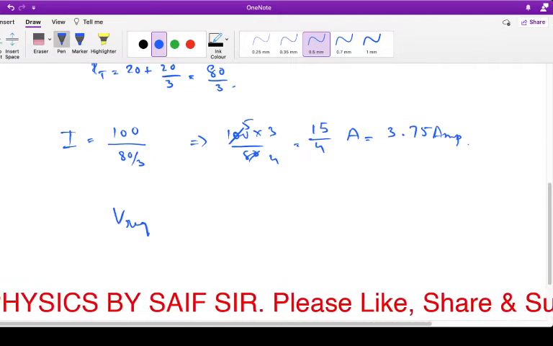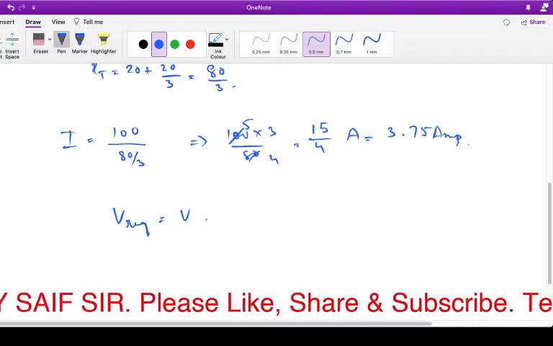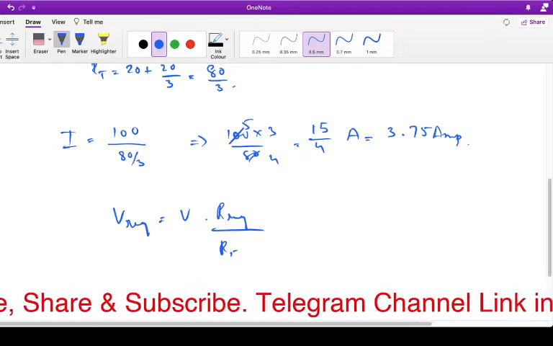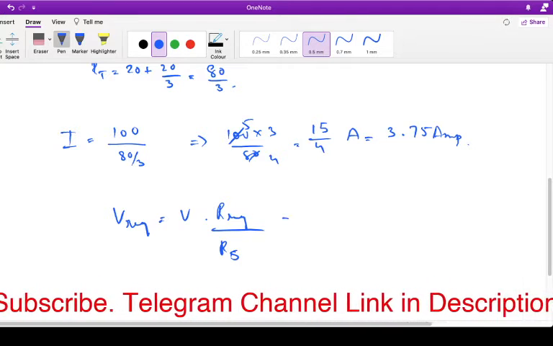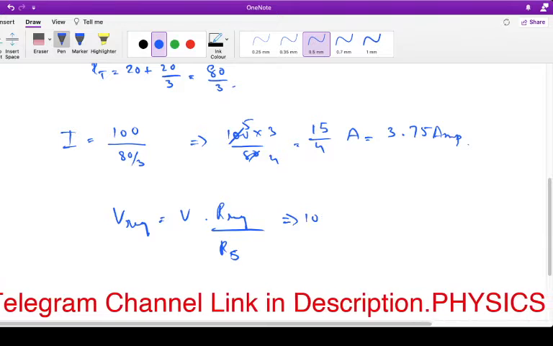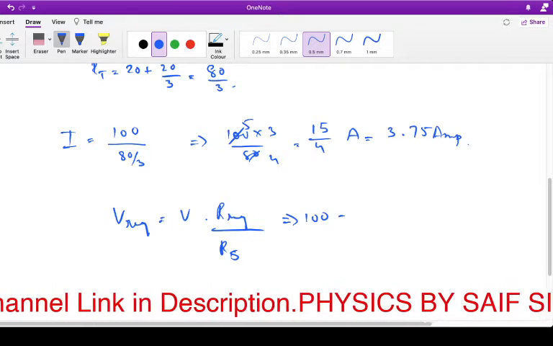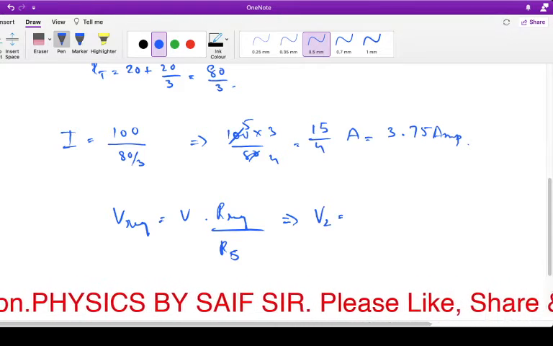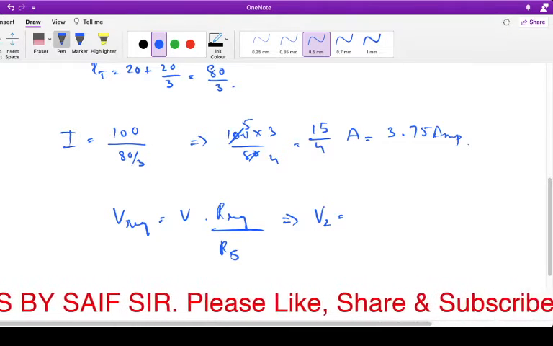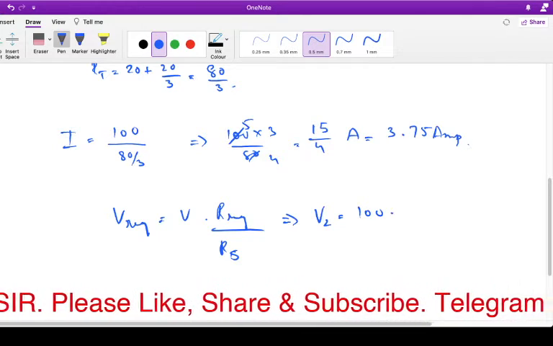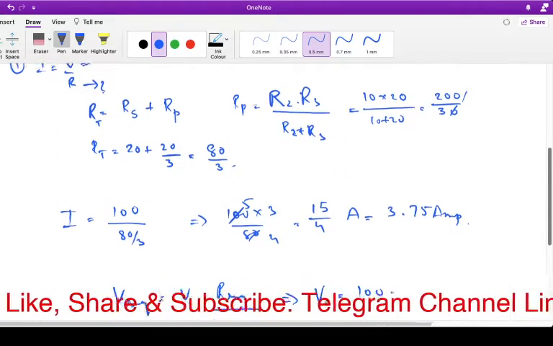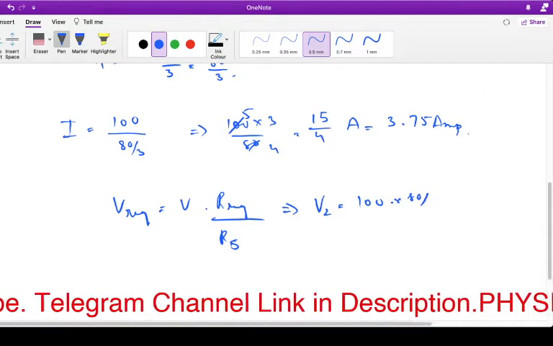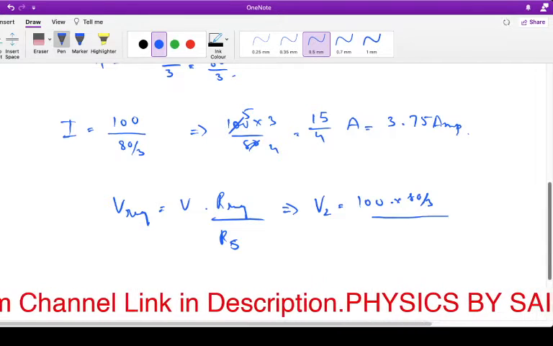So the required formula: V required is V into R required by R1 plus R series, which gives you 100 into R required, which is 20/3, divided by the total, which is 80/3.